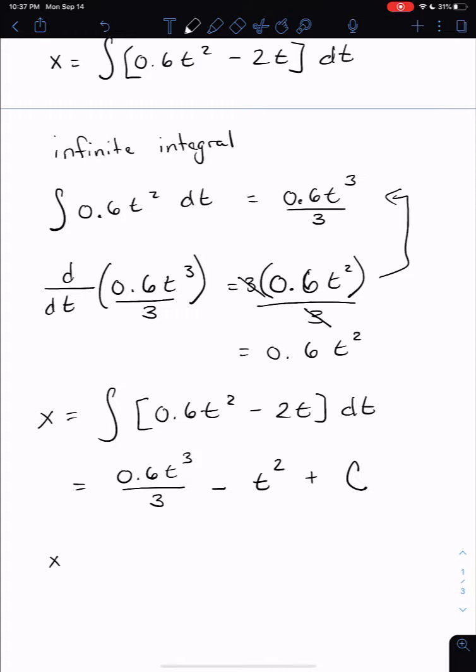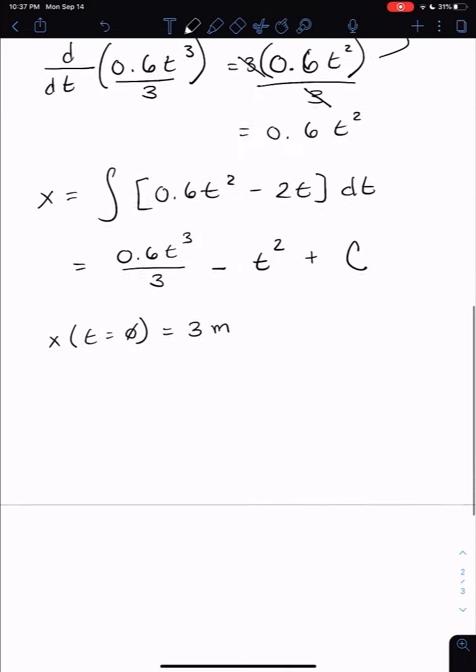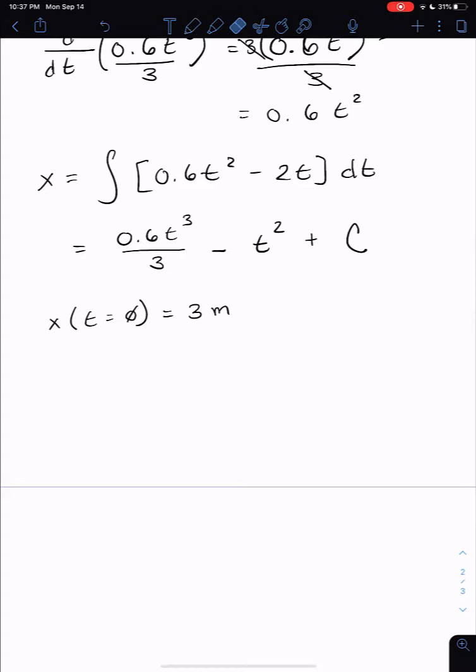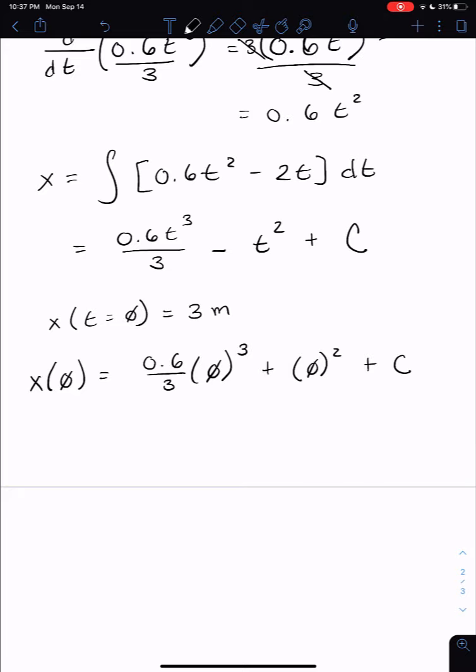Now, the way that we figure out that constant is we use some information that we already had. So for example, we already know from the problem that at t equals 0, this position happens to be 3 meters. So that means I can plug in 0 for all of my t's here. 0 cubed is 0. 0 squared is 0 plus c.